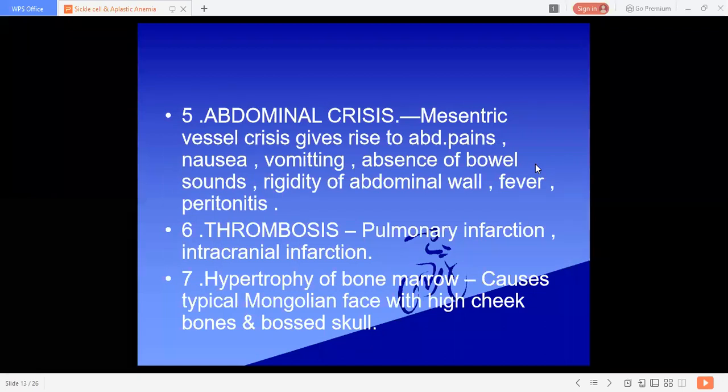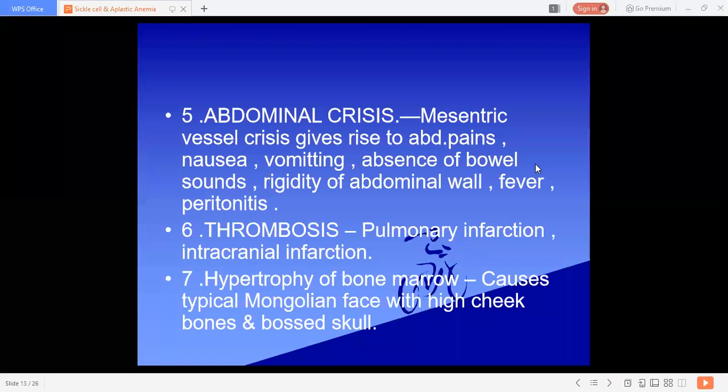The next symptom which is related with sickle cell anemia is the abdominal crisis. Okay, so this is related with the mesenteric vessel crisis, which gives rise to abdominal pain, nausea, vomiting, absence of bowel sounds, rigidity of abdominal wall, fever, and then peritonitis.